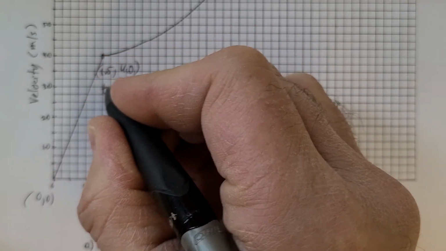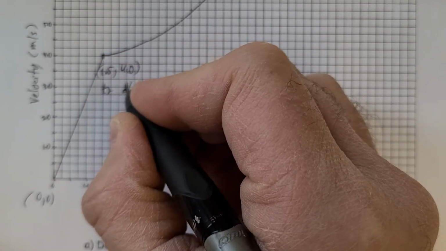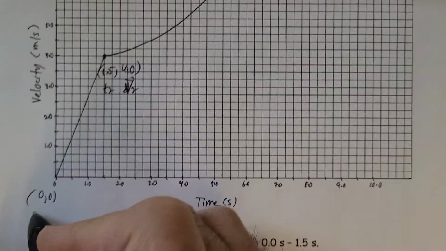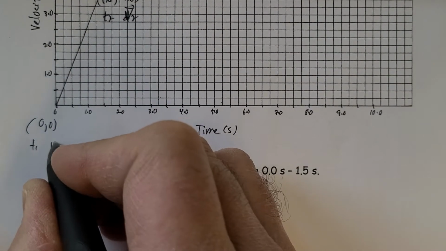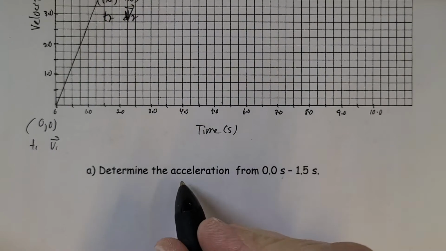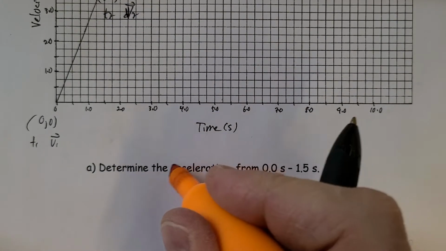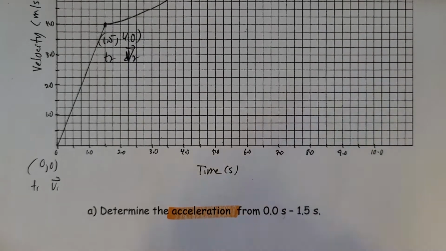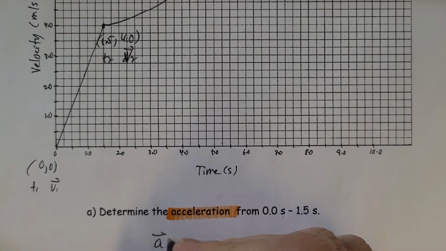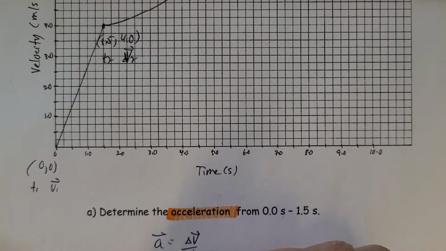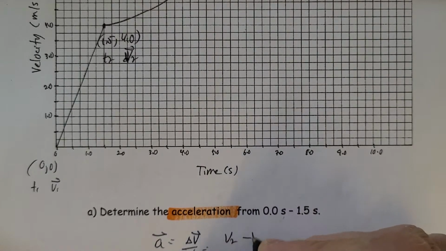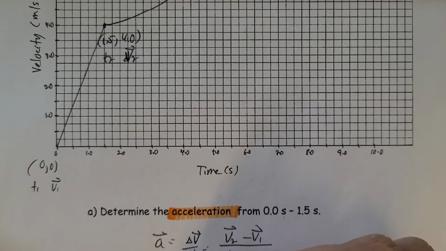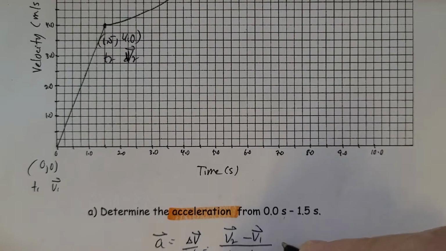So that's going to be my V2 part. And over here would be my T1 V1 part. So I just simply refer to that as acceleration because the slope in any part of that line will give me the same value. So acceleration is equal to change in V over change in T. In our case, we're going to do V2 minus V1 over T2 minus T1.